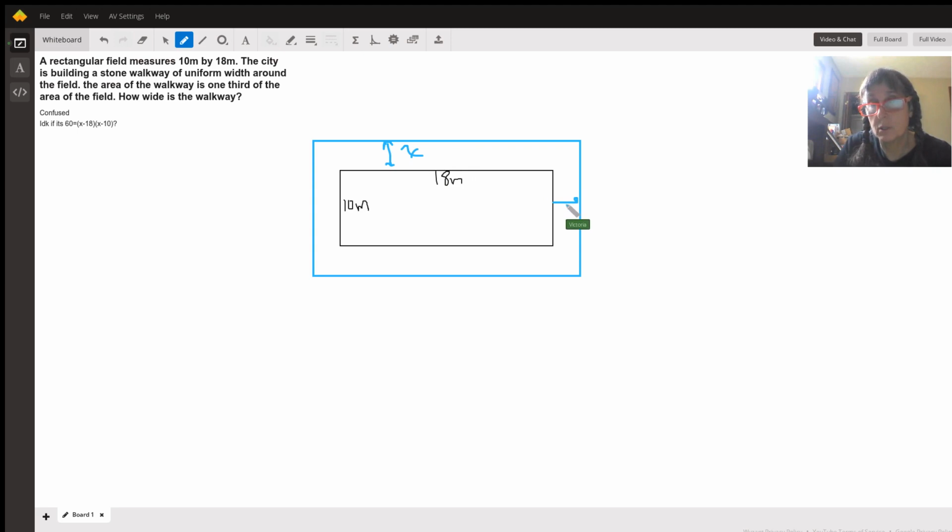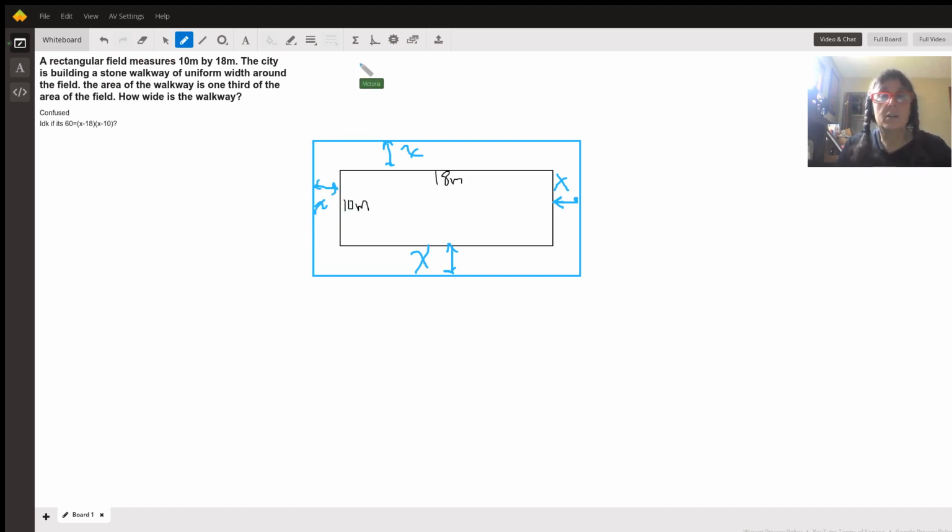If I'd drawn it well, this is also x, and it's the same thing as this width. We'll call this x, and it's the same thing as this width, which we will call x.